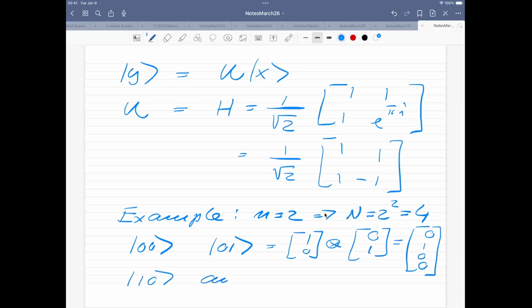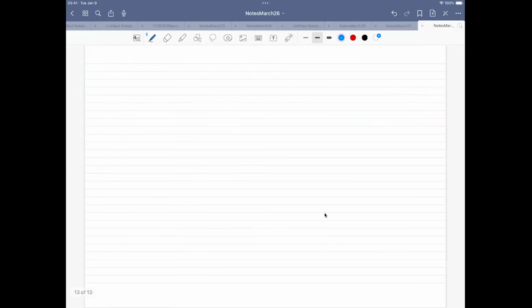And finally, we have 1, 1. So if we look at that one, we would now like to encode this in a smarter way. So we would like to have a compact encoding, so that you can retrieve the information about that state without storing the 2 qubits.